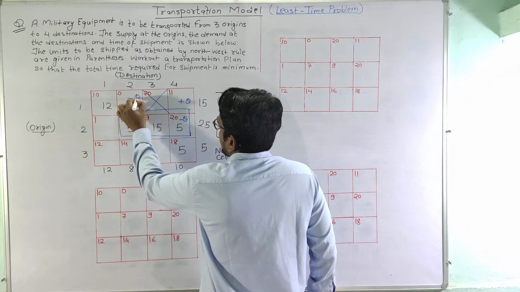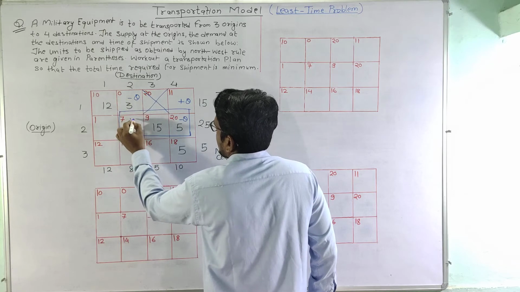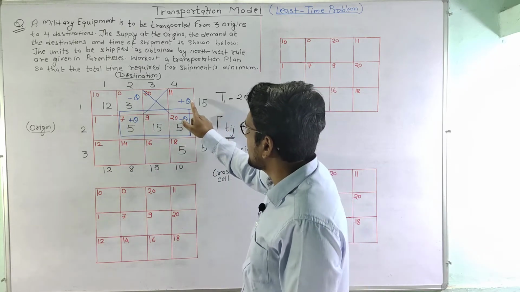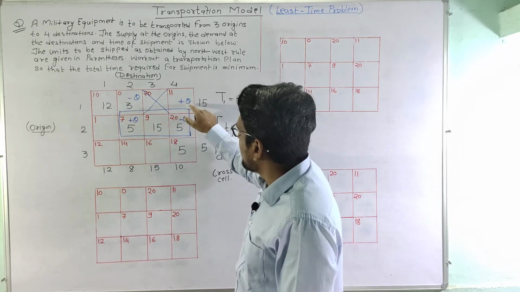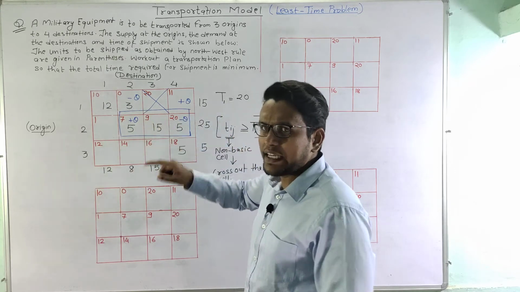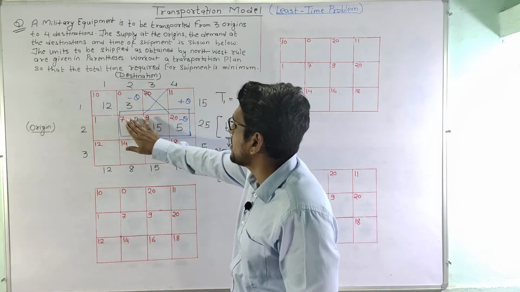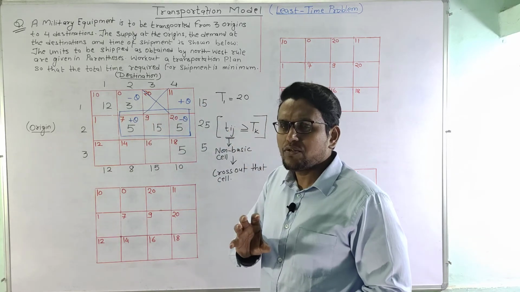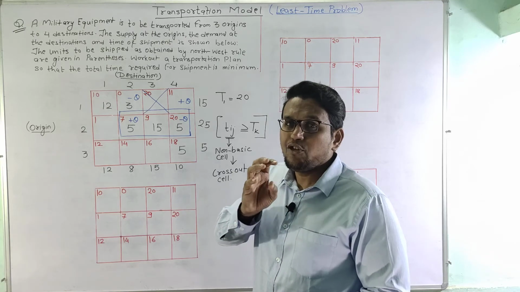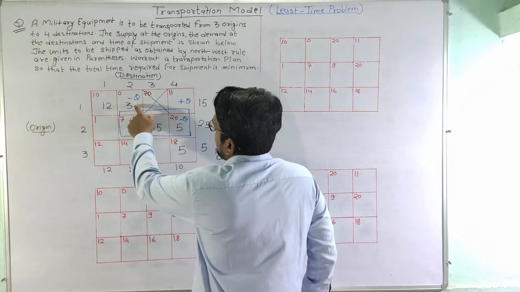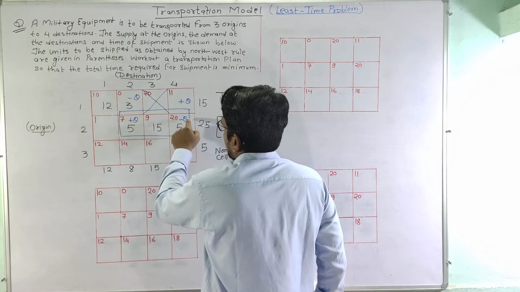If this is minus theta, this has to be plus theta. Now as we have seen that the value where we have plus theta can be increased indefinitely, so we will not look at these two values, we will look at the cells which are having the value minus theta. So here we can see that this is 3 minus theta, this is 5 minus theta.